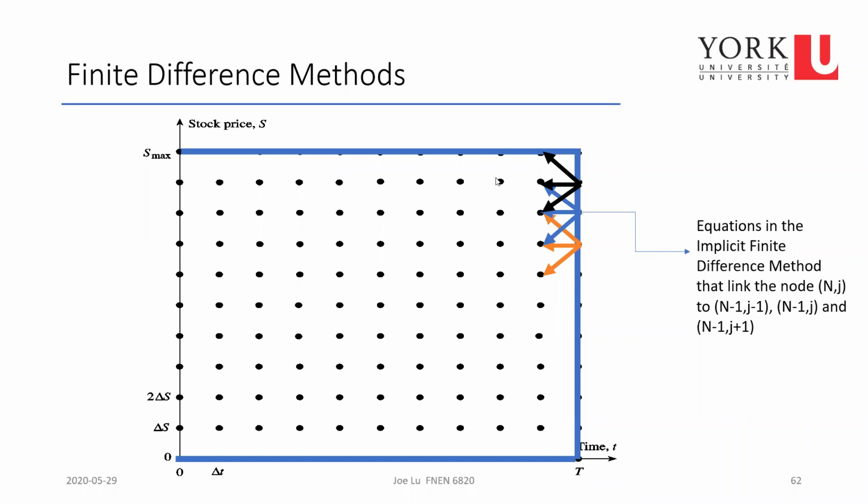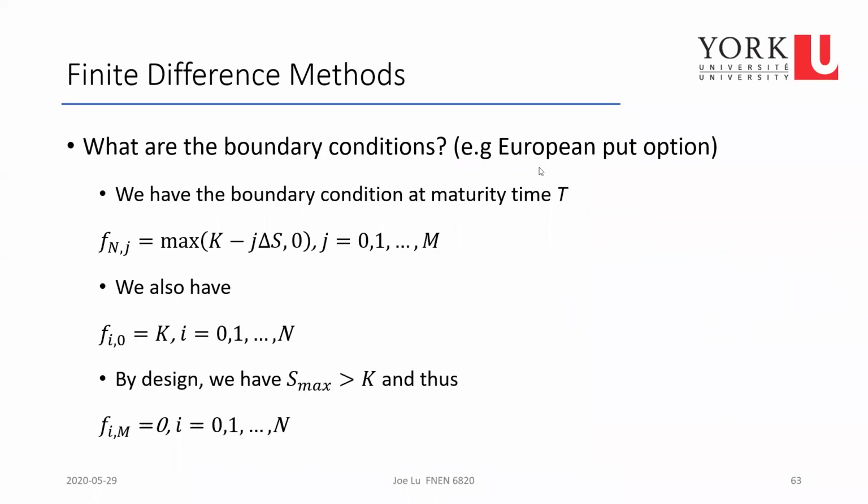Then let's take a look at the boundary conditions, and then we'll look at how many sets of this equation we have simultaneously. What are the boundary conditions? For the European put in this particular example, we know the maturity value. The payoff is the max of K minus S or 0.